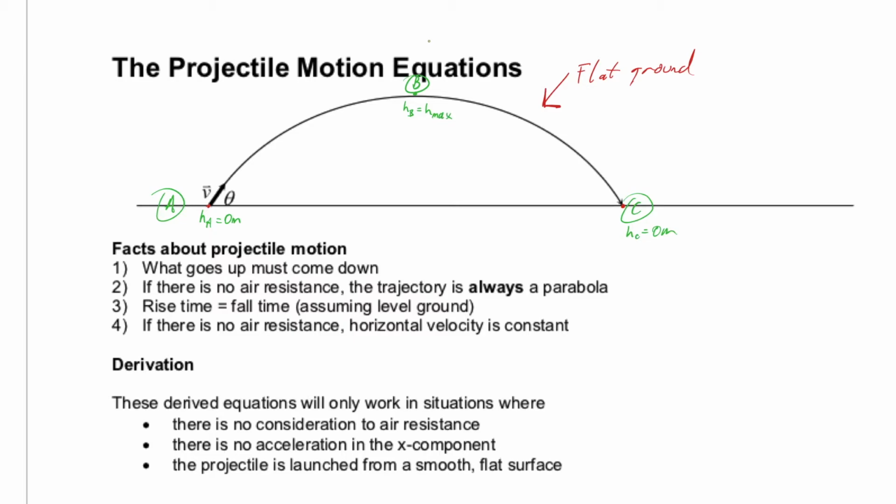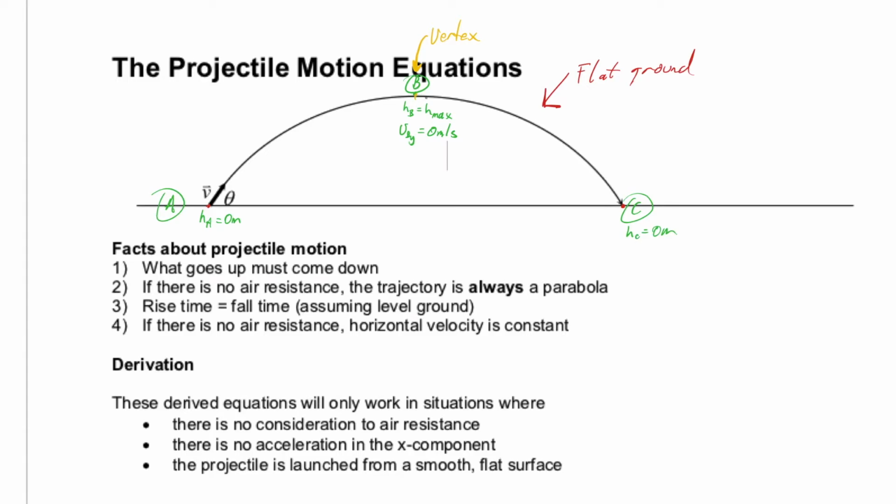And this point B is actually the vertex, and we have symmetry on the left and right-hand side of this point. The other thing to note, at this position here, the y component of the velocity, or vby, is 0 meters per second. That's because the projectile in the y component has reached its maximum height, which means it's not rising any further, and it's starting to fall at this point.